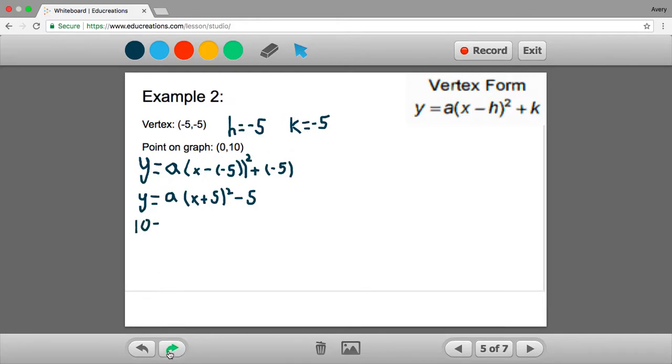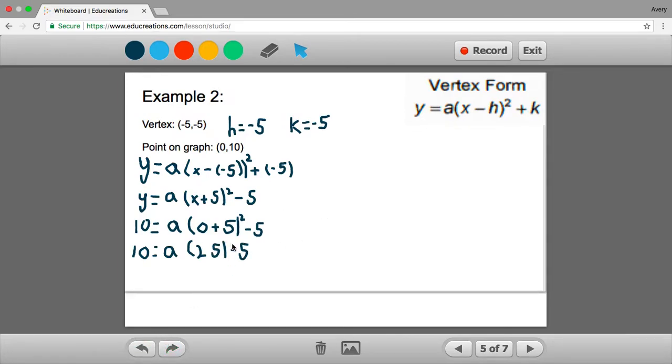So now we're going to plug in our point on the graph. So 10 is going to equal a times 0 plus 5 squared minus 5. Now we just need to simplify this to 10 equals a times 25 minus 5. Now we're going to add 5 to both sides, which is going to give us 15 equals 25a.